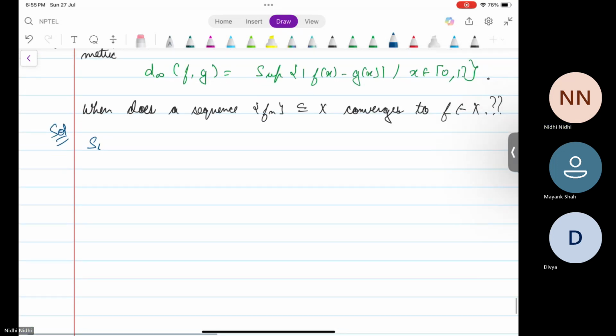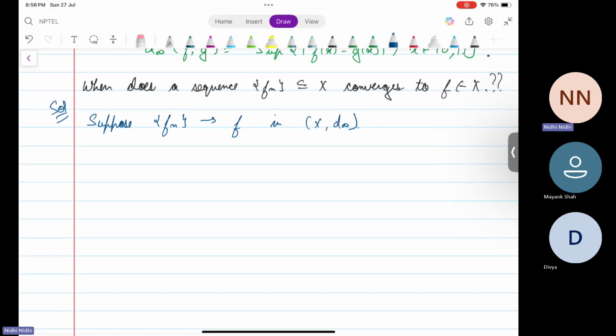Suppose f_n converges to f in X, that is, d infinity with sup norm. Then for any epsilon positive, there exists some n naught in N, a stage such that the distance between f and f_n is strictly less than epsilon for all n greater than or equal to n naught.